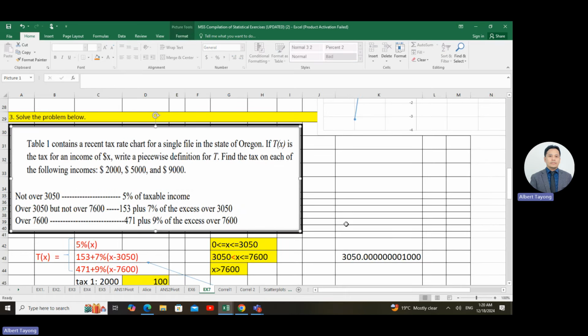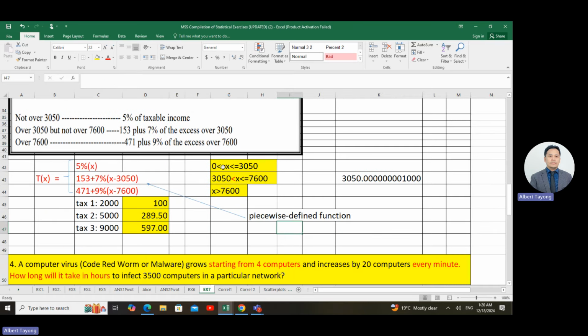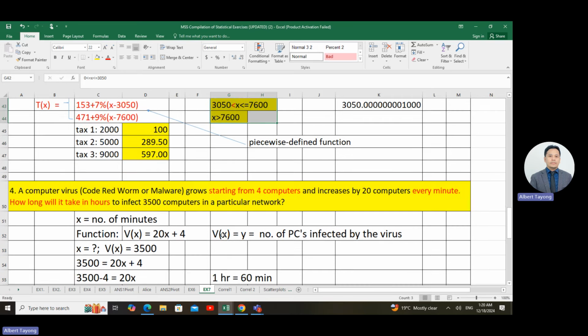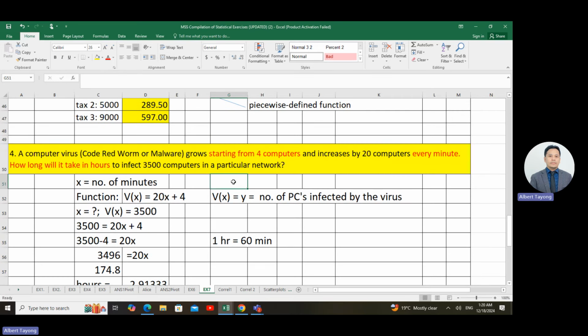Number 3, where we have different conditions, and here our linear function, because we have 20x plus 4. The highest exponent of x is 1.